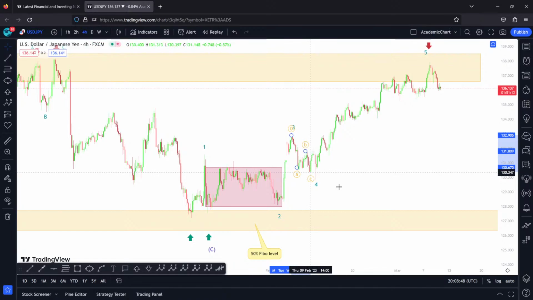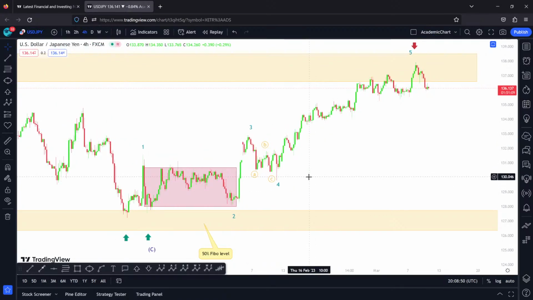Now I'm just double checking everything is working fine. So for this fifth wave, these kind of impulsive waves that have a longer fifth wave, you can count those minute waves more easily.